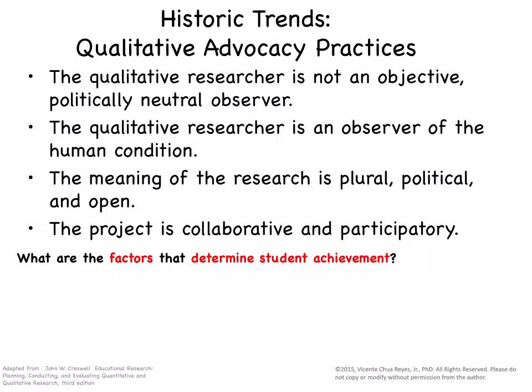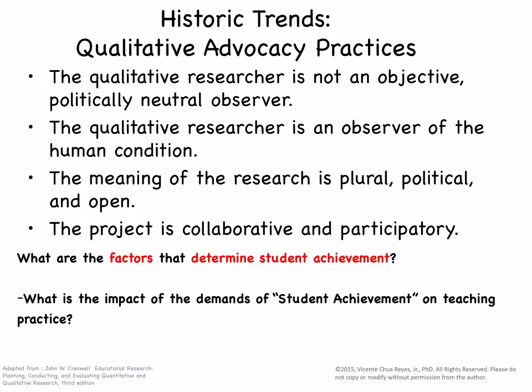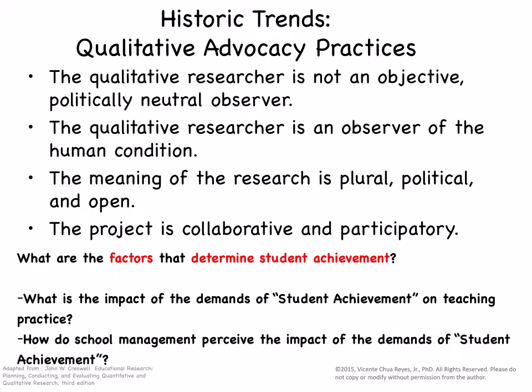The question, what is the impact of the demands of student achievement on teaching practice, provides an opportunity for a plural, open, and most probably a political meaning of research in exploring and uncovering how student achievement is defined. The question, how does school management perceive the impact of the demands of student achievement, can also be a representative of how the advocacy practice of collaborative and participatory features of qualitative research are highlighted.